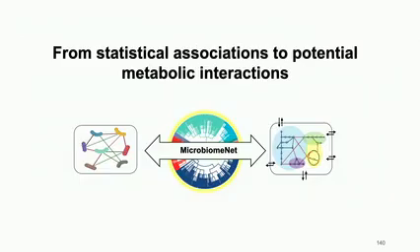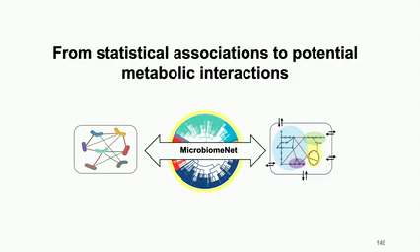So the next one is, we talked about metabolomics and the microbiome and how they correlate using the data. And here we actually want to see, can we find their mechanistic interactions?